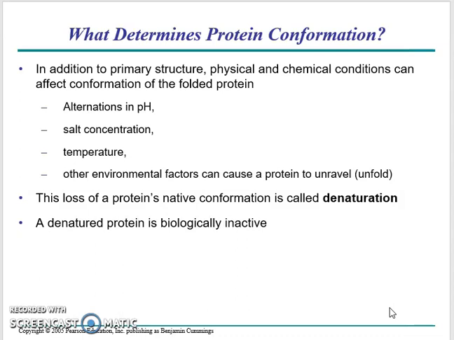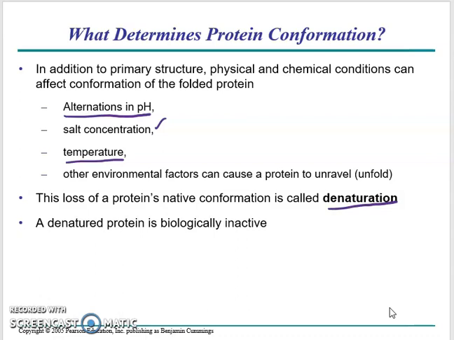So we call that change in protein shape denaturation. In other words, you're going from the natural shape of the protein, which would normally be on your tongue, and you're changing that shape by putting it in an acidic environment, by putting too much acid around it, which is a change in pH. This can also happen with salt concentration, but what I really want to focus in on is temperature. What I'll actually ask you out of these four different factors are about pH and temperature.